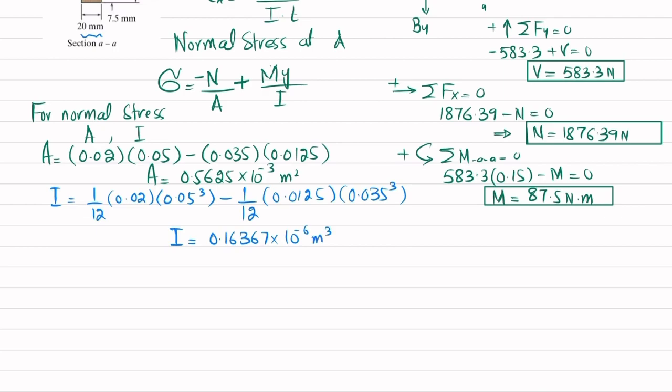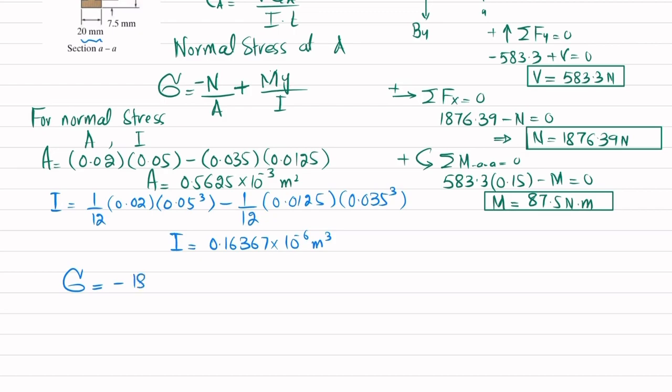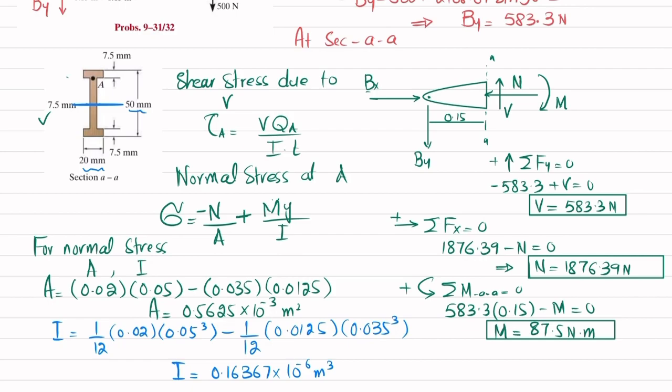Now you have A and I, so you can put in this formula. N is minus 1876.39 divided by area, 0.5625 × 10^-3, plus moment is 87.5 into y. Y is the distance from the neutral axis to point A. This is y_A, and this total distance is 35, so 35 divided by 2 is 17.5 millimeter.